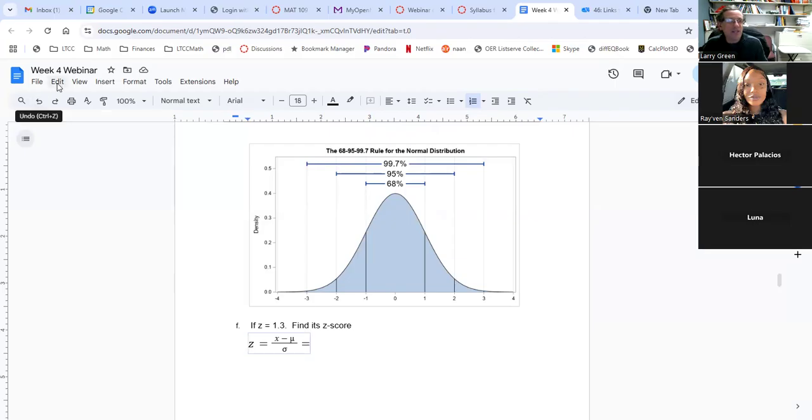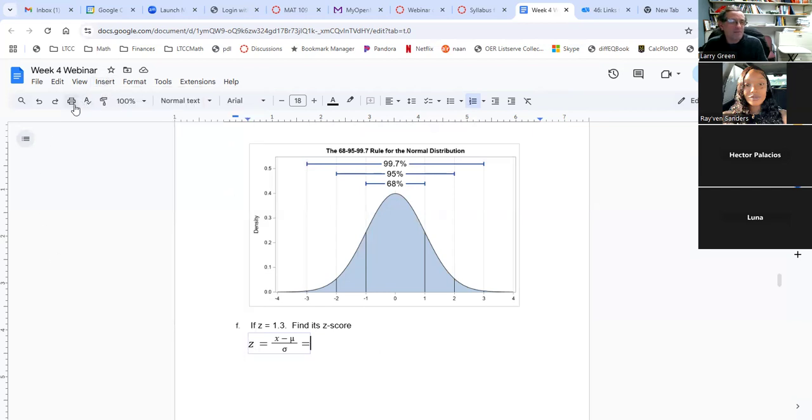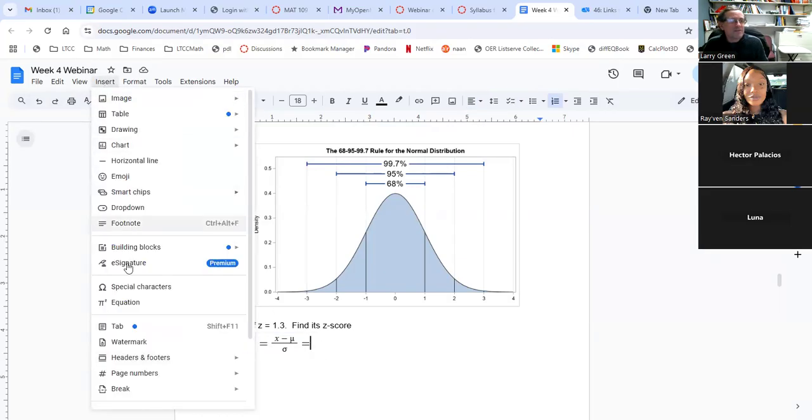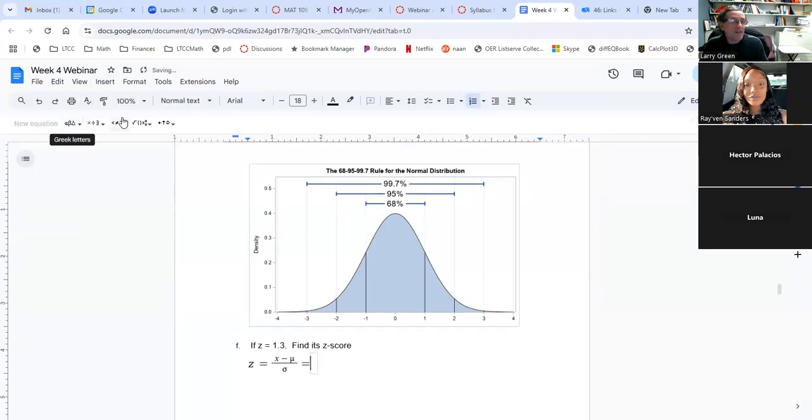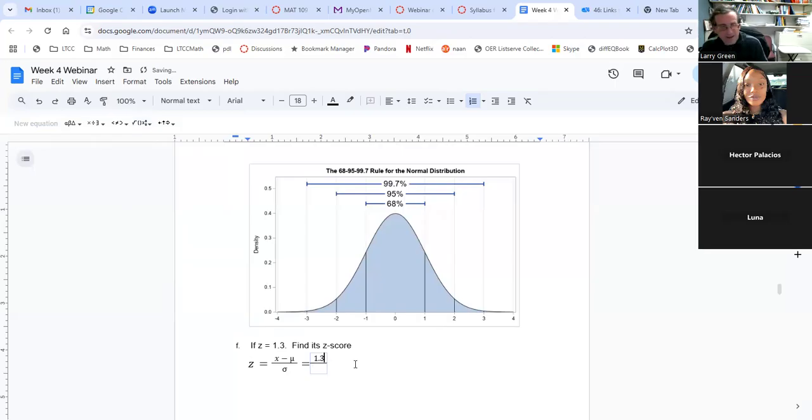So x is going to be, in this case, 1.3 minus mu.